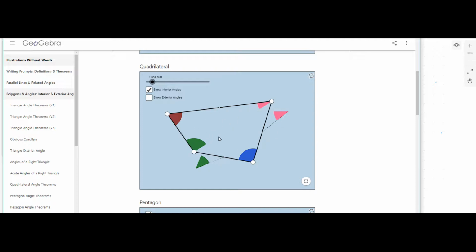And you can actually even see a line cutting this figure down this diagonal. And you'll see that more in just a second. So there is one triangle with 180 degrees for that angle sum. And then there is a second triangle right here with another 180 degrees.